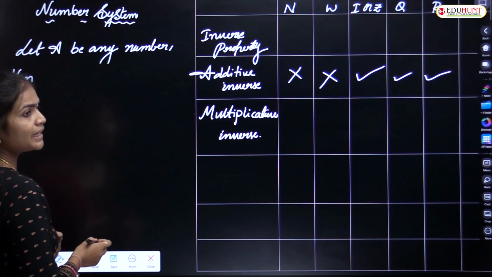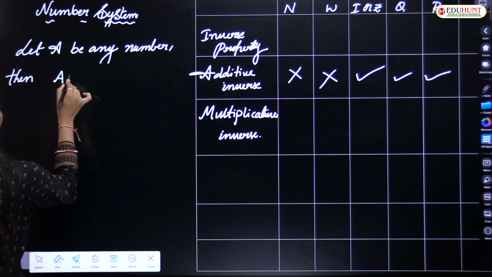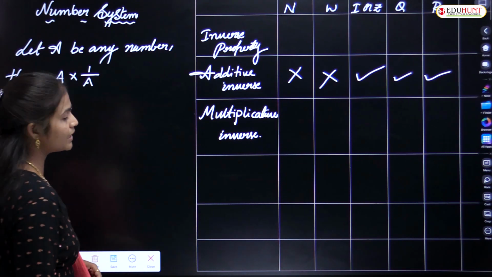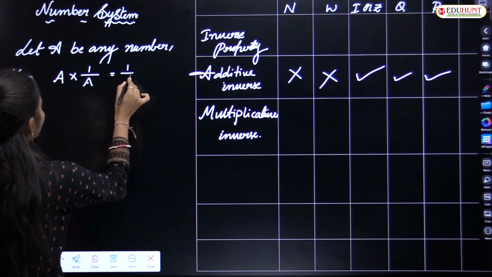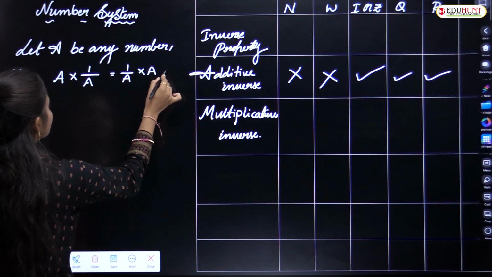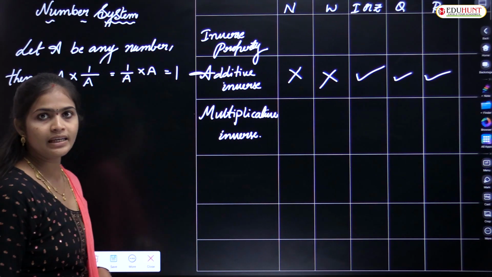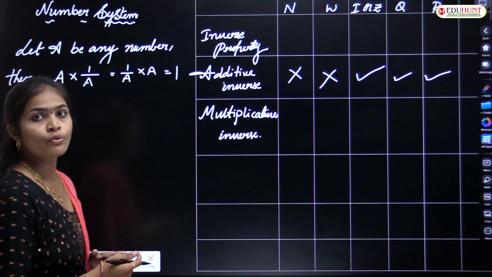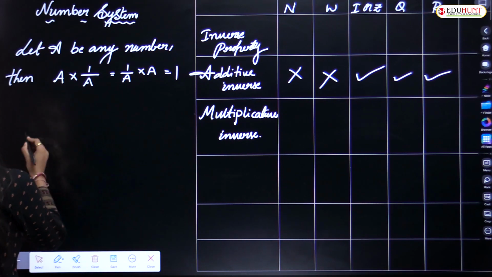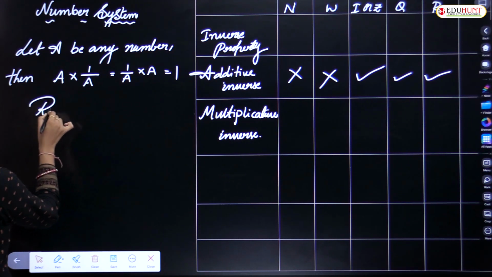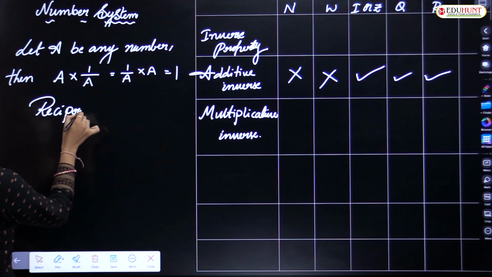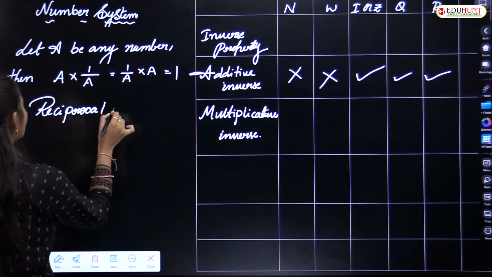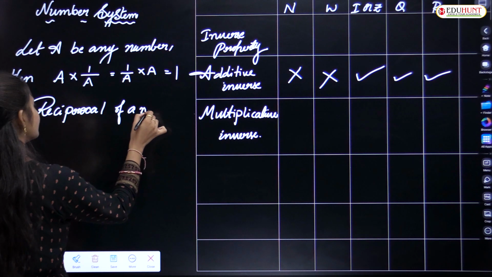Let a be any number, then a into its multiplicative inverse, the reciprocal of the number, is 1 by a into a equals 1. That is the condition: a into 1 by a equals 1 by a into a equals 1. Multiplicative inverse is nothing but the reciprocal of a number.